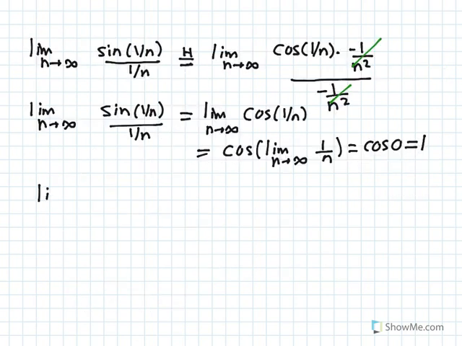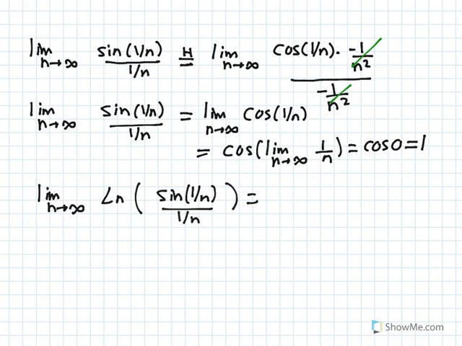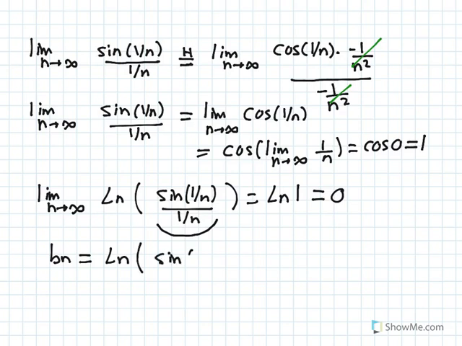So the limit as n goes to infinity of log of sine of 1 over n divided by 1 over n: we found the limit inside the log function using L'Hopital's rule, so we get log of 1, and that is equal to 0.